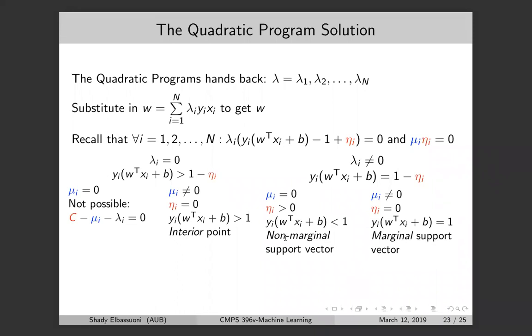So I have 3 types of points: interior points, non-marginal support vectors that are crossing the margin, and marginal support vectors, which are the ones on the margin. I can use any marginal support vector, right? So using this equation to get the value of b, as we did before.